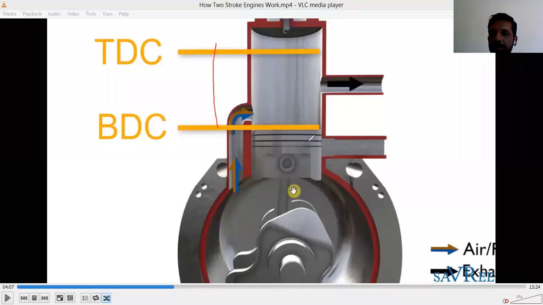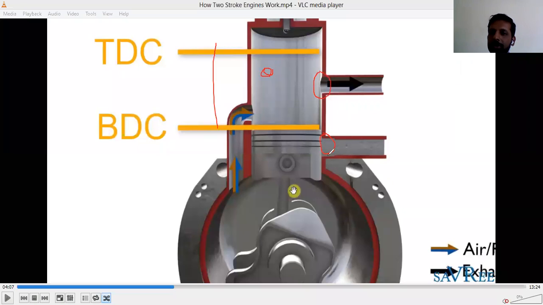It is going to stop the flow of air fuel mixture into the combustion region, first thing. Then as the piston moves higher towards the TDC, it is going to close the outlet port. That means all the exhaust gases should have already gone, and it is going to open the inlet port.